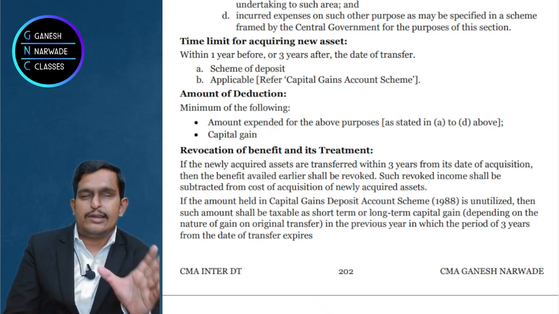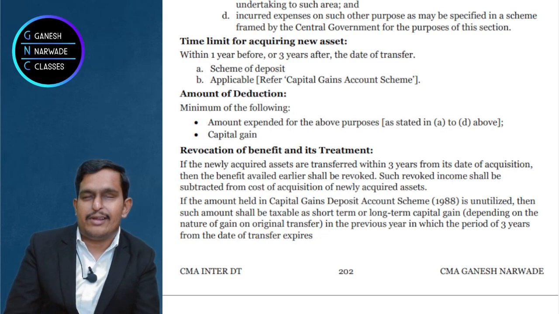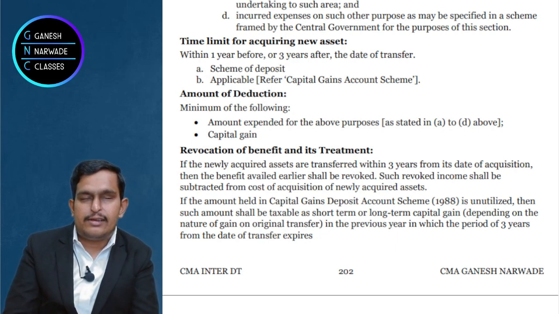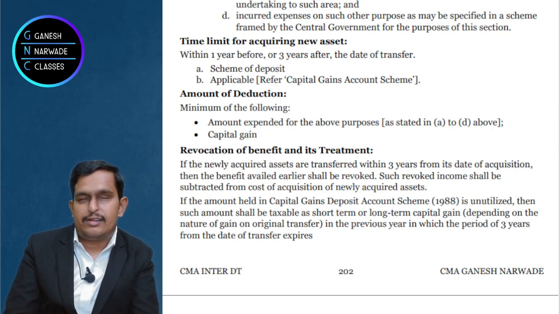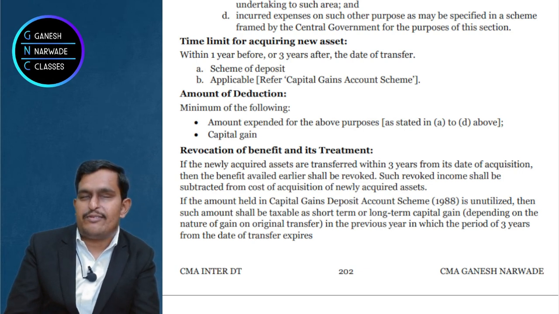Suppose 2022-23 is our previous year. So what happened? In 22-23, what you did is you transferred the undertaking. Now you have to buy one, right? So you kept the money in the capital gain account scheme. Suppose 1st January 2023 you kept the money. Now 2023, 2024, 2025, these 3 calendar years you have to ignore because of 1st January.